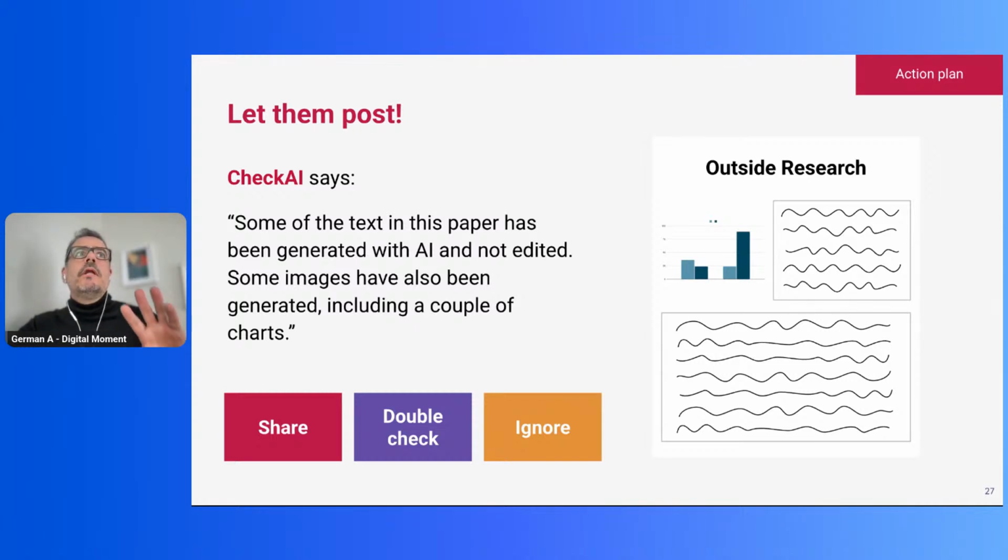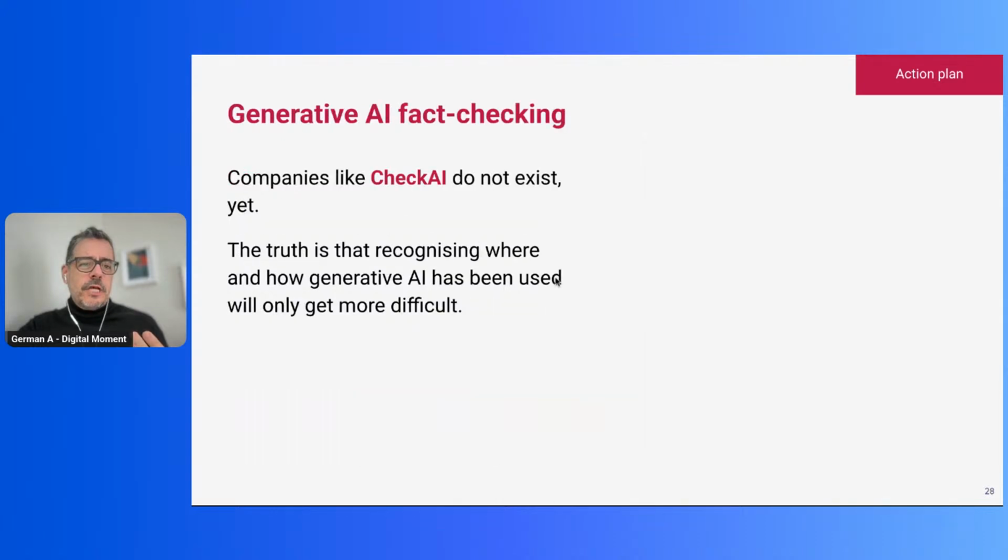So we learn about creating a mental model that is going to help us decide. And then we started seeing what happens when we consider that this was not created by someone, but by a system. What is the challenge? Companies like Check AI do not exist yet.